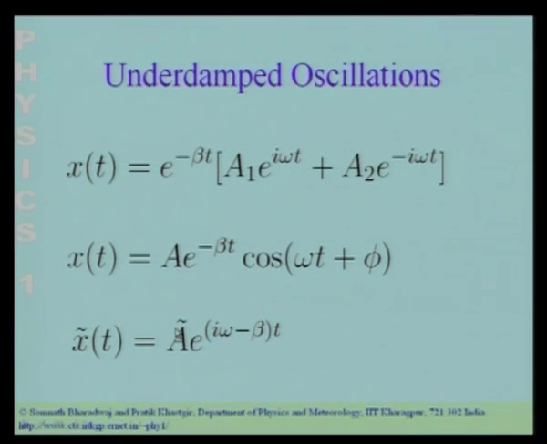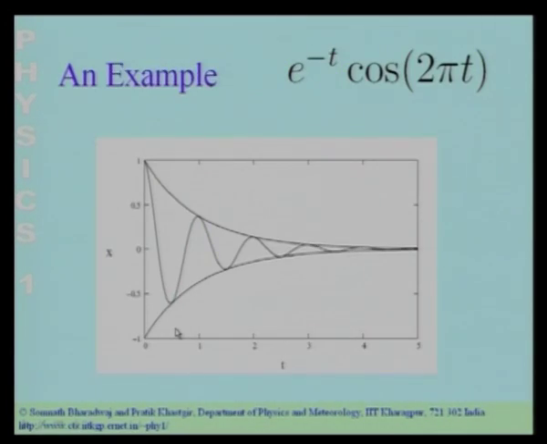So let us now have a look at what this oscillation looks like. This shows you an example of the underdamped oscillations. The particle continues to oscillate, just like in the situation where you had no damping. Here the particle also still does oscillations.